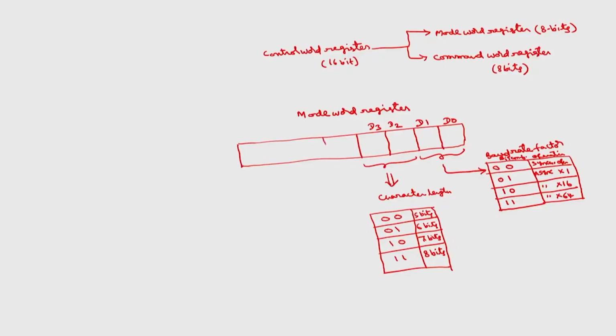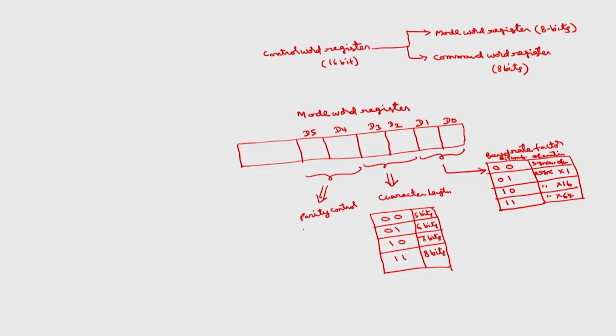The next 2 bits, D4 and D5, are the parity control. As I have discussed in the earlier lecture, we have to send some parity signals in order to detect and correct the errors at the receiver. We can transmit either even parity or odd parity, or we can have no parity also. For short distance communications, you can send even without parity.